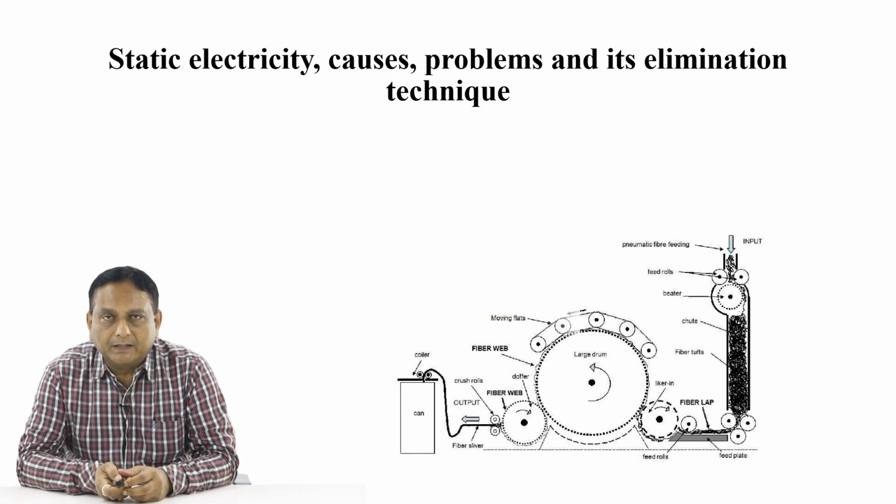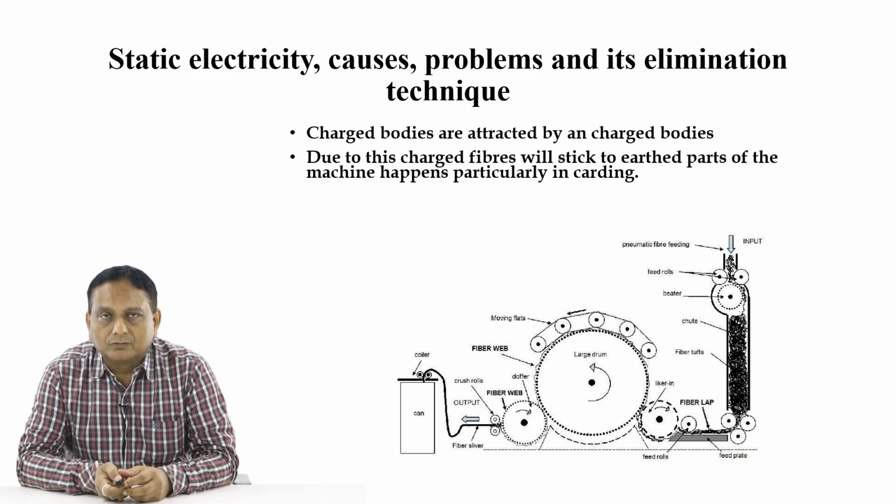Now different other examples can be seen, like in the carding machines in the spinning department. Here the charged bodies are attracted by uncharged bodies. Due to this, charged fiber will stick to earthed parts of the machine, which happens particularly in carding operations. It is very difficult to separate the fibers, because due to the static electricity generation, they attract each other and are difficult to repel.